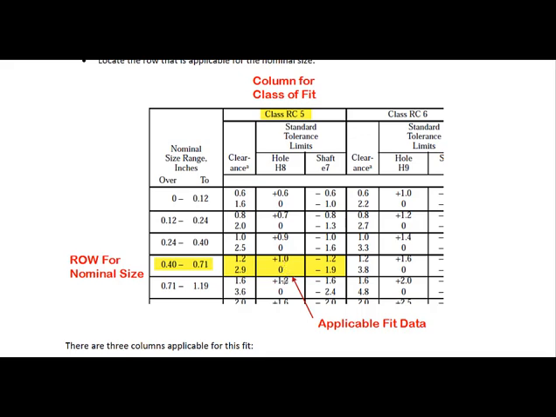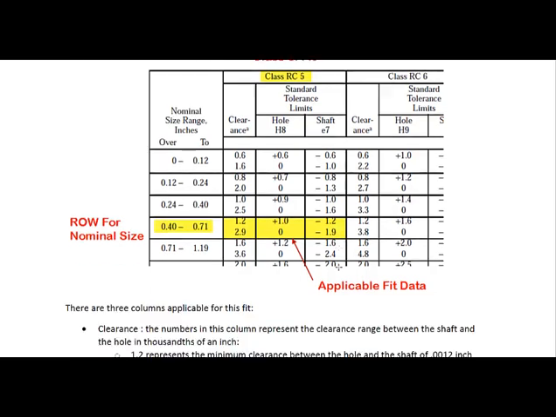Notice we're talking about a basic hole system, which means that the minimum hole has no tolerance. So your minimum hole for this example is going to be 0.4375. Over here in the third column of interest are the shaft tolerances. These numbers for the hole and the shaft are based on 0.4375 nominal size.